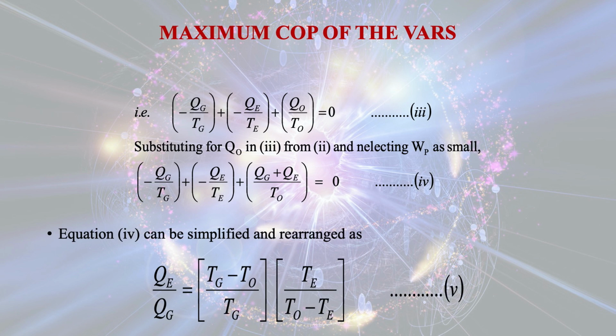Now, equation 4 can be simplified with simple algebra and rearranged as QE divided by QG is equal to (TG minus T0) divided by TG, multiplied by TE divided by (T0 minus TE).